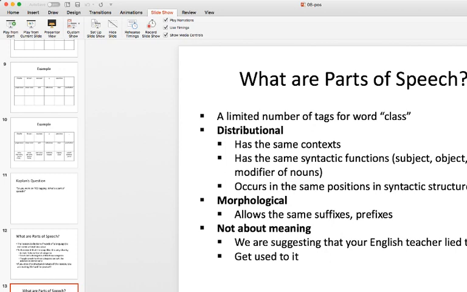What is a part of speech according to them?